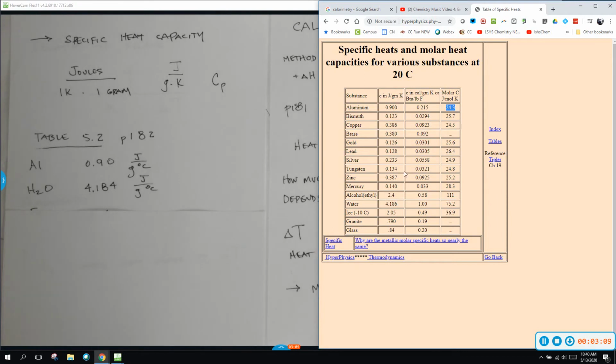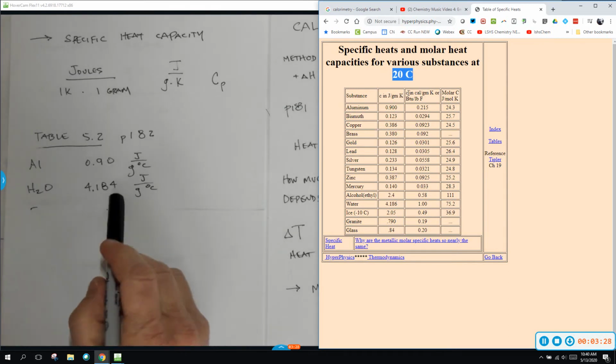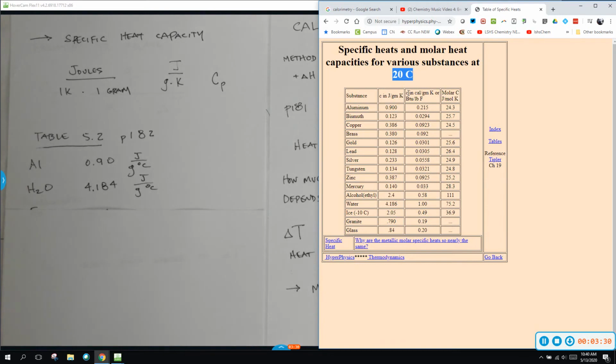Water has a really high specific heat capacity, 4.186 or 4.184 is what you'll find in your textbook, joules per gram degrees Celsius. You'll notice that on the website this is at 20 degrees Celsius, whereas your book many times will use 25 degrees Celsius as its standard. That's why the difference in thousandths right there.